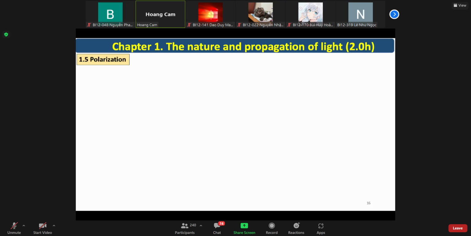And if we look at the sound wave, for the sound, the oscillation of the particle is along the direction of the propagation.